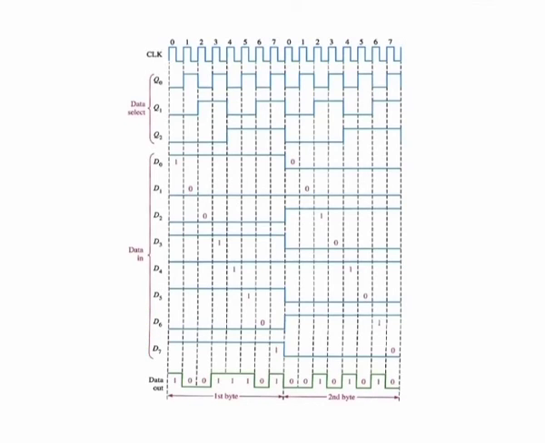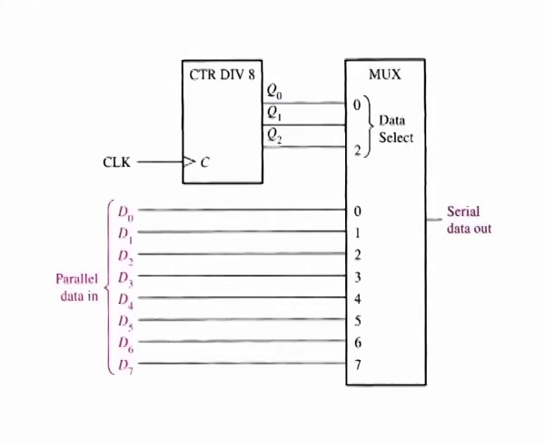After 8 clock pulses, the data byte has been converted to a serial format and sent out on the transmission line. When the counter recycles back to 0, the next byte is applied to the data inputs and is sequentially converted to serial form as the counter cycles through its 8 states. This process continues repeatedly as each parallel byte is converted to a serial byte.